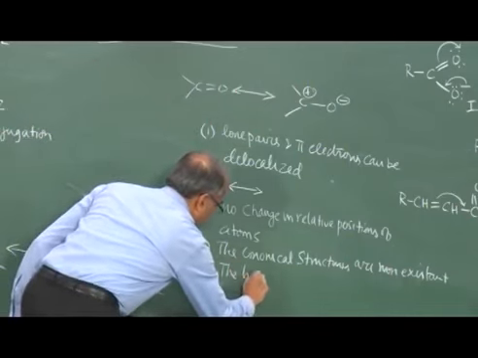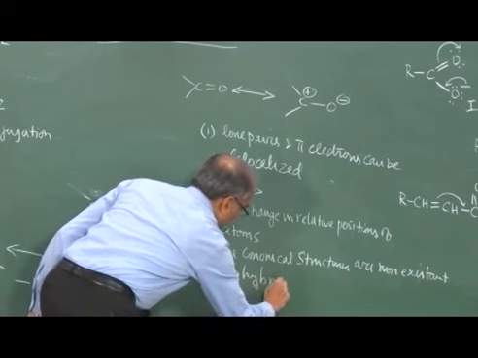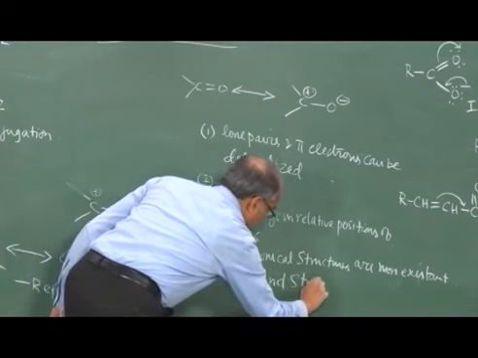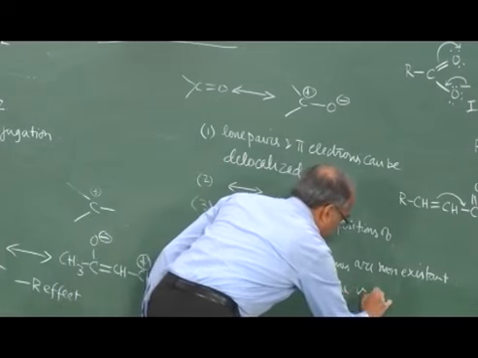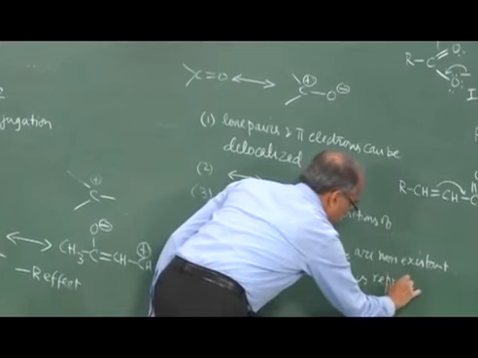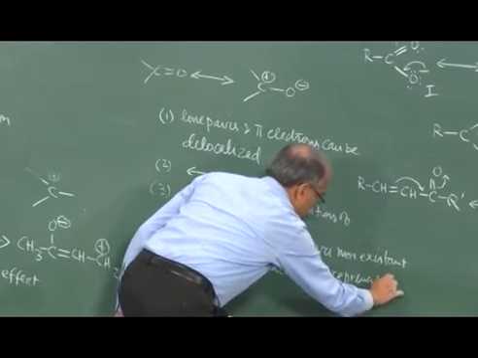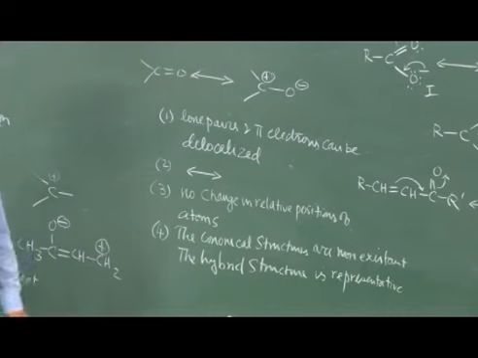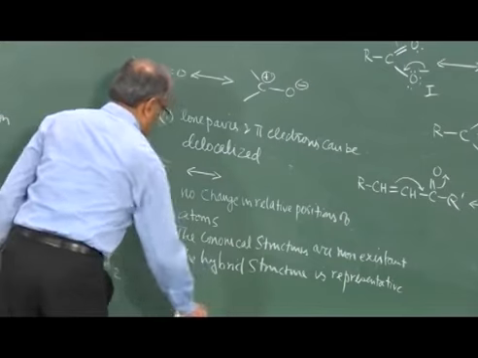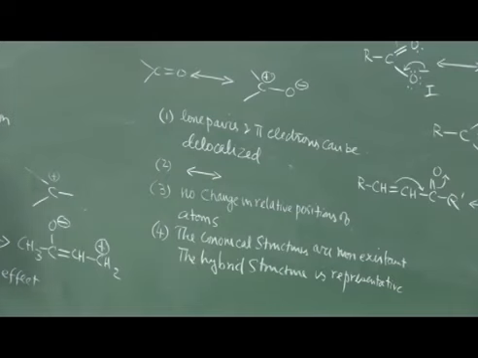The hybrid structure is representative of the true nature of the molecule. Oftentimes one cannot write the hybrid structure properly, like in the case of benzene, for example, you draw it with a circle or with a dotted line, as the case may be.